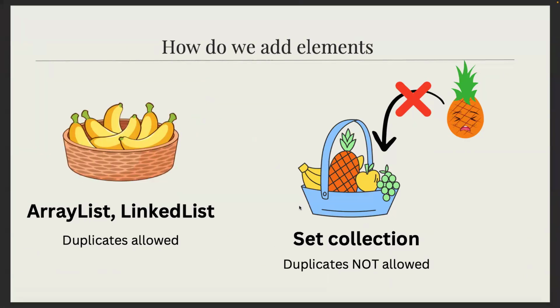But here, this is a set collection. I can have banana, pineapple, apple, peach, grapes. But I cannot add more pineapple because pineapple is already here. Duplicates not allowed.